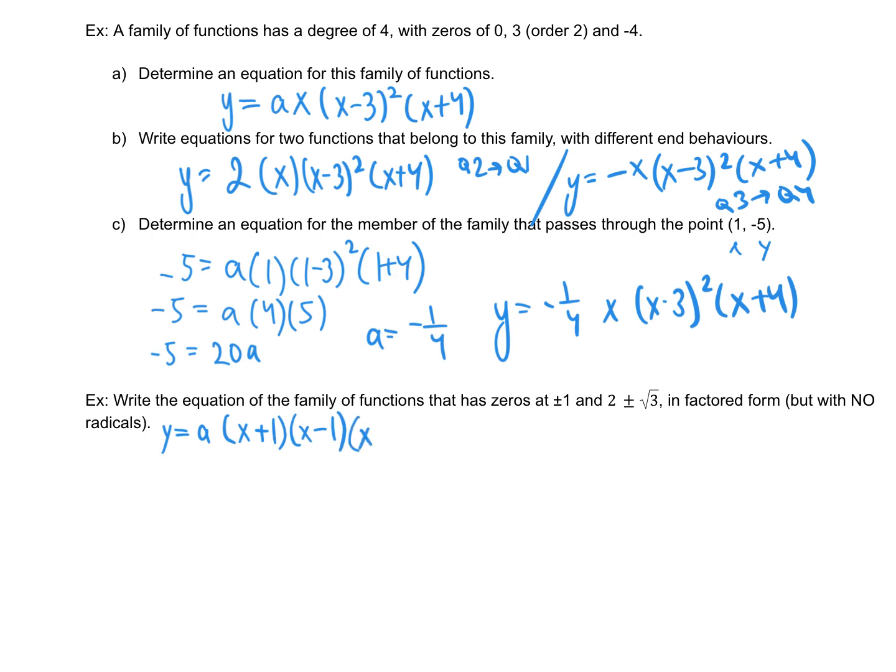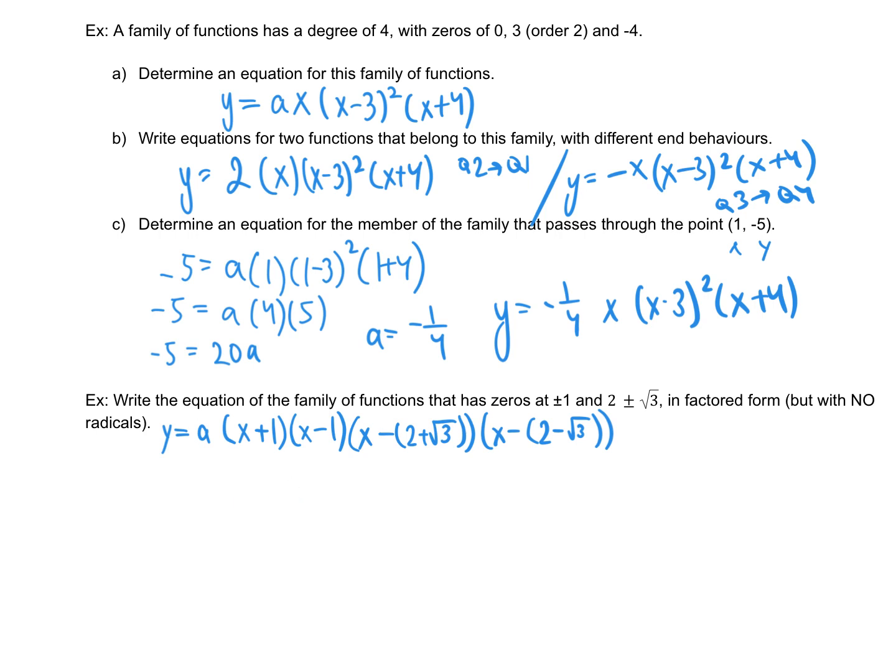x minus the first value and x minus the second value. Because that's really what we did with the plus or minus 1. Like x minus 1 represented the positive version, and x plus 1 was us doing x subtract -1. So that's exactly what I'm doing with the more complicated version.